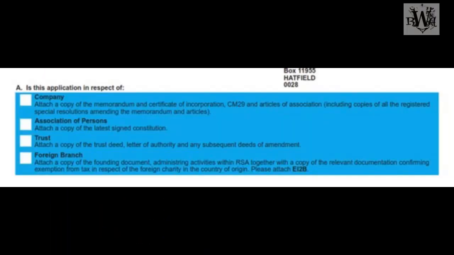Page number 1 asks for the organization's legal status to be identified. So it's either a voluntary association or a non-profit trust, or it's a non-profit company. It's also possible for a foreign charity that has been registered in another country to apply for PBO status in South Africa if it operates in South Africa.